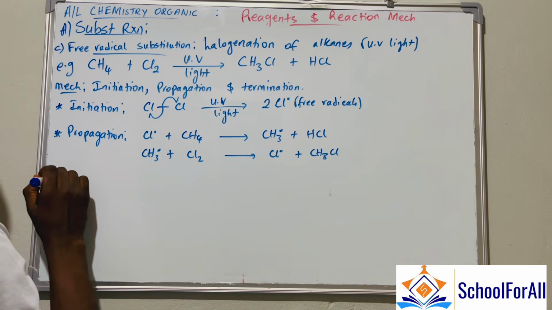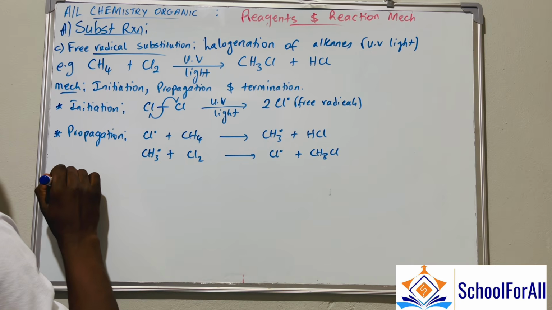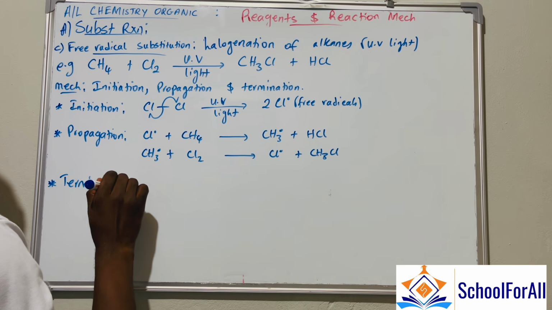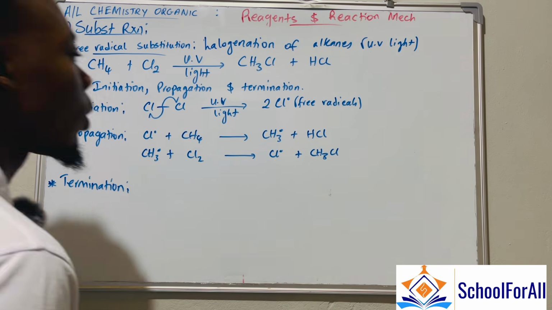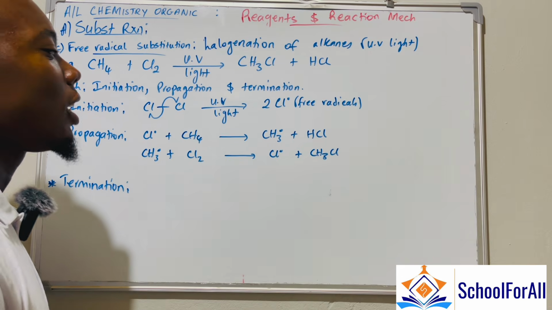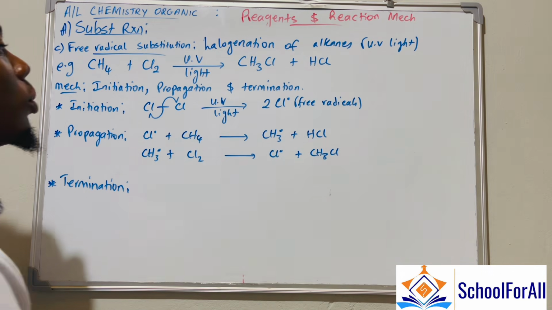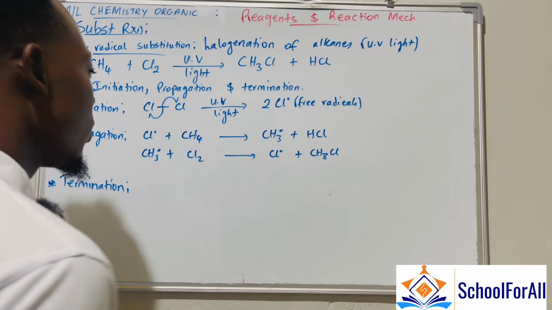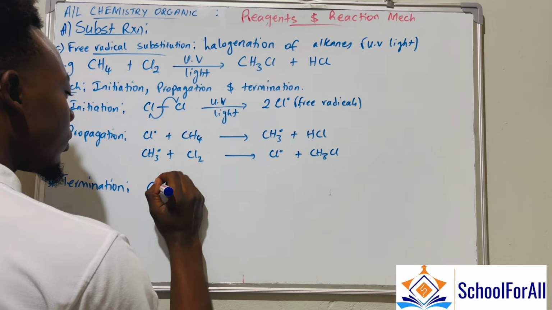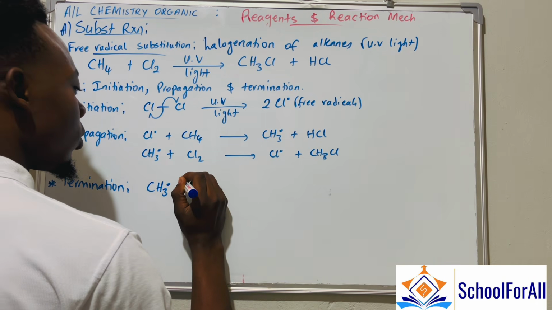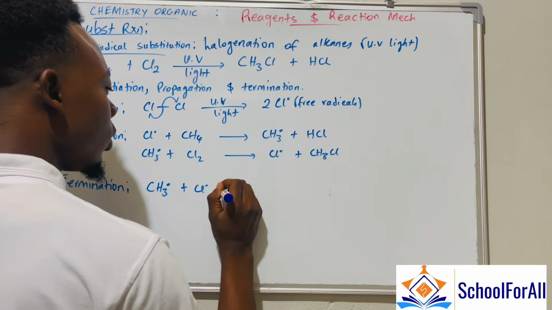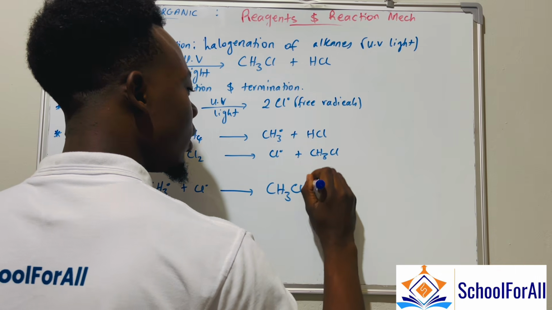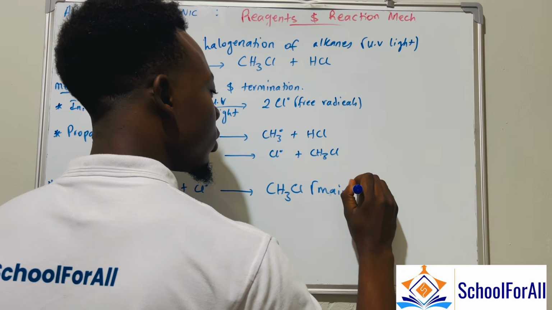Now, lastly, I have what we call the termination stage. In the termination stage, the free radicals that were produced in the propagation stage will combine themselves. This free radical will combine with this free radical to form my chloromethane, which is my main product.